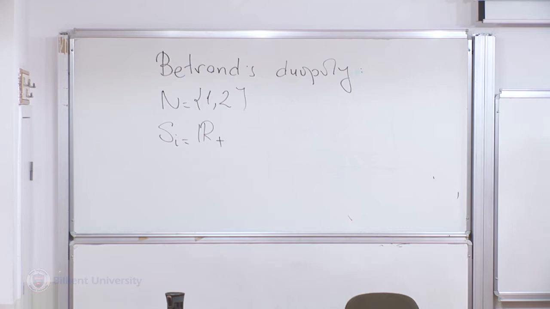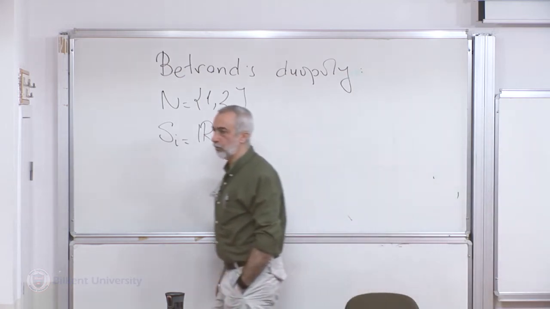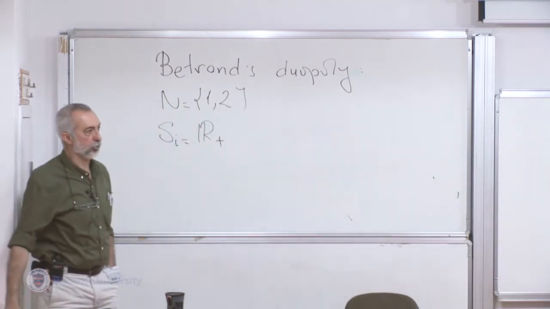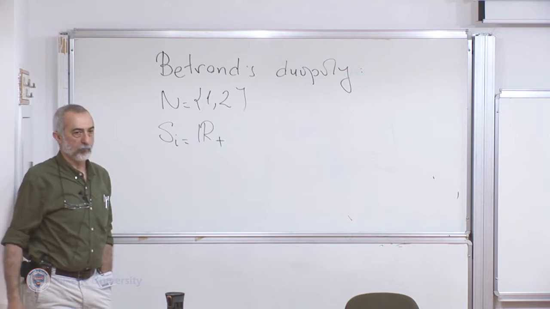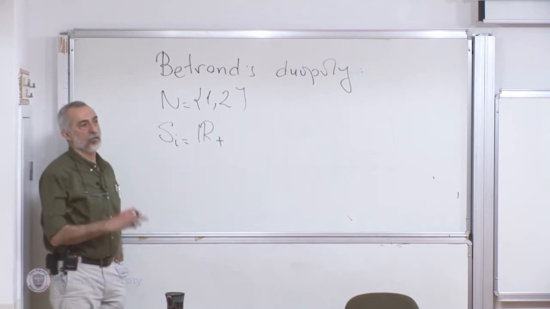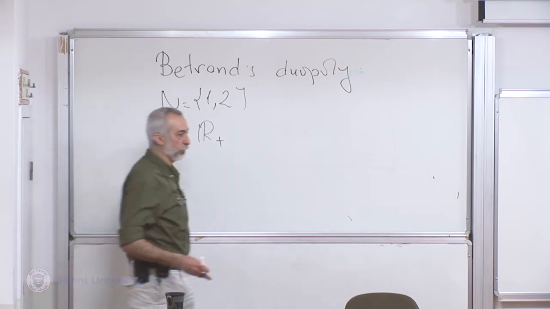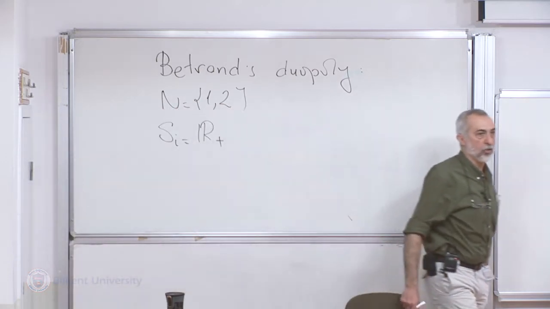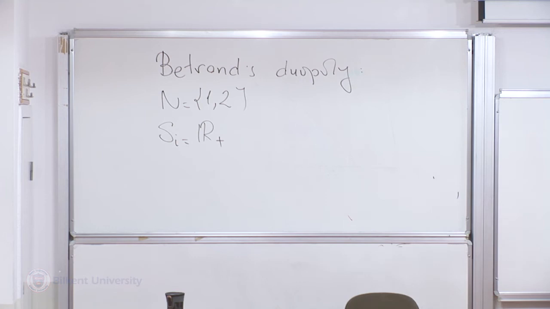Again, just like Cournot duopoly, we assume that the firms produce identical goods. And just like in the Cournot duopoly, each firm prefers a high profit to a low one.